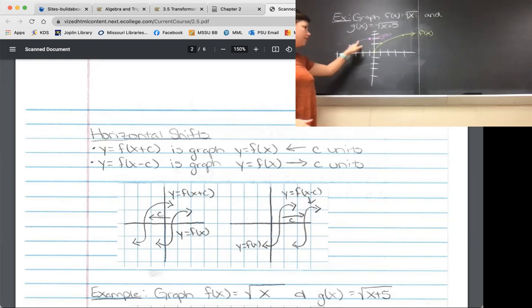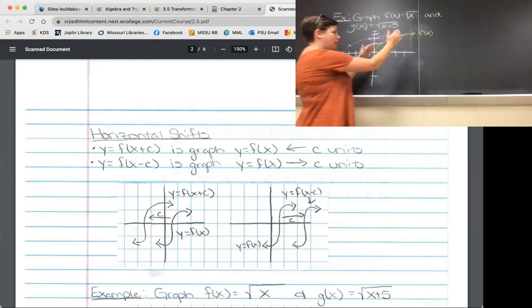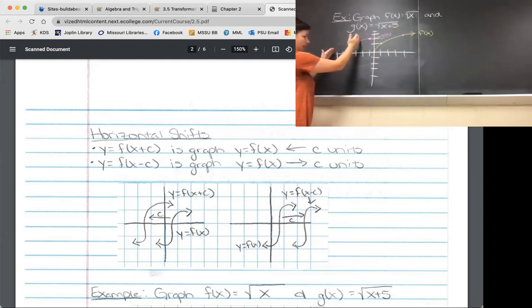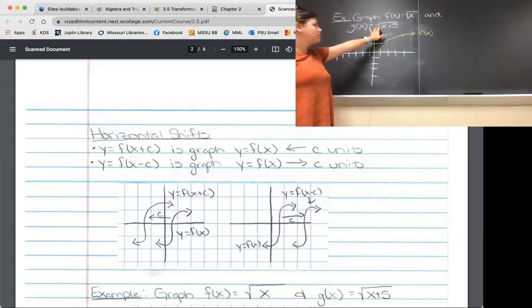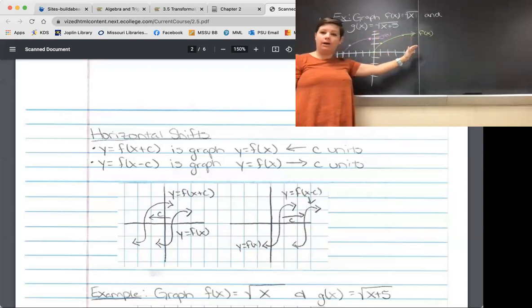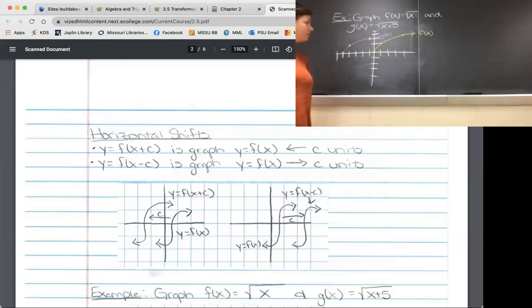So this one is my g of x. I took my f of x and I moved the whole graph to the left 5 places. If it would have said square root of x minus 5, I would have shifted everything to the right 5 places.